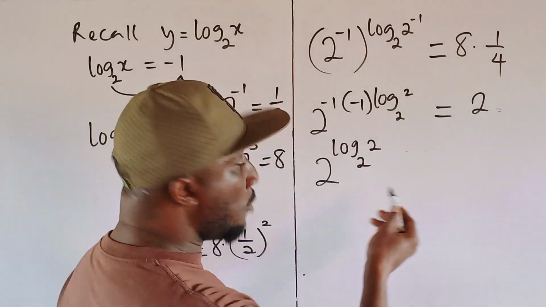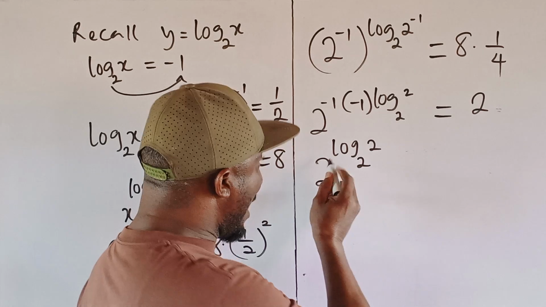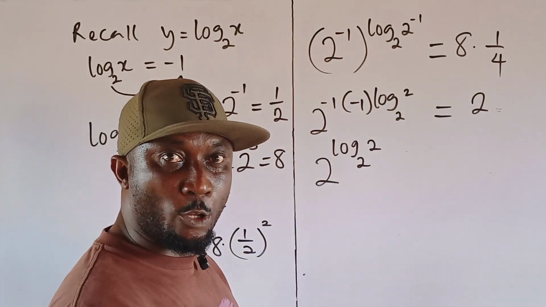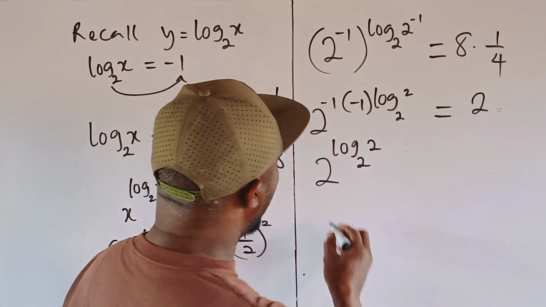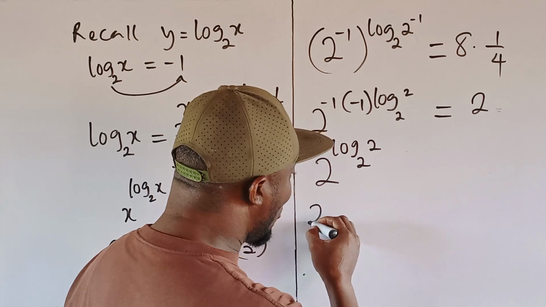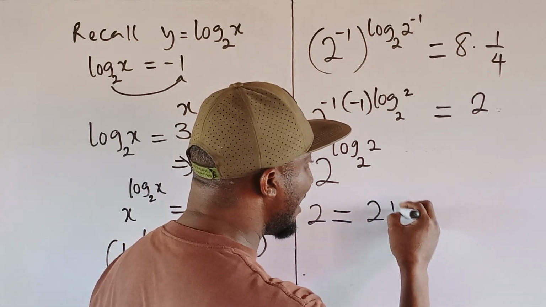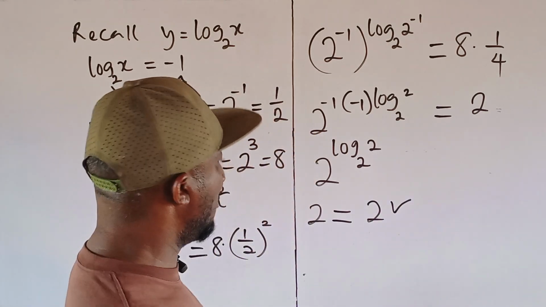Now, log to base 2 of the argument 2 is 1. 2 can cancel out log to base 2 because exponents and logarithms are inverse mathematical functions. So the left hand side is actually 2, which agrees with the right hand side. So x equal to 1 upon 2 is a valid solution.